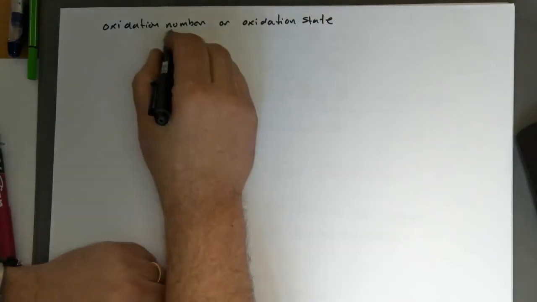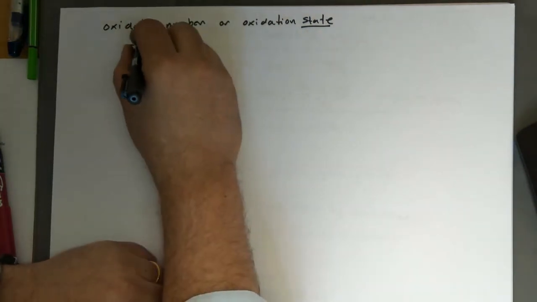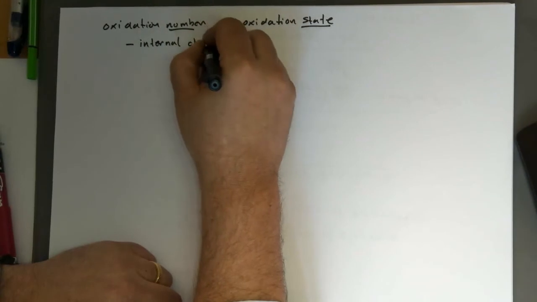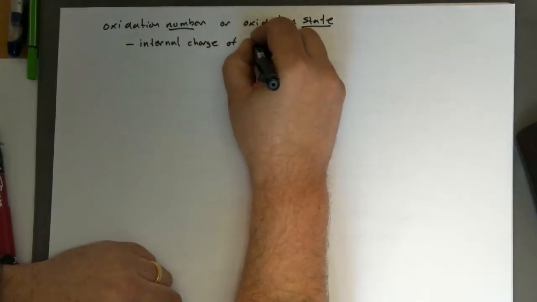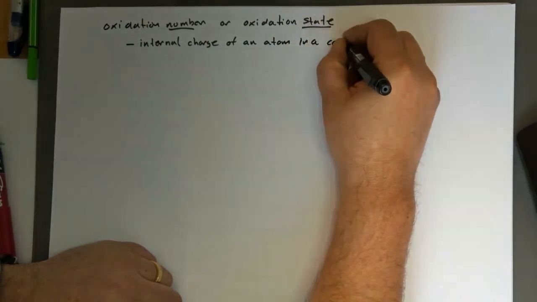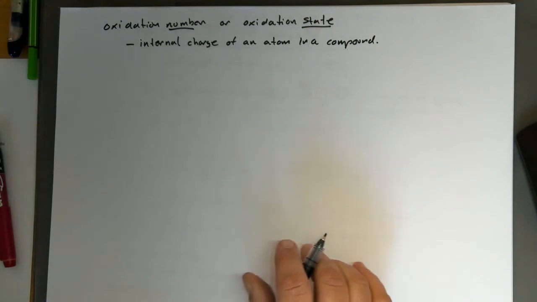So you have an oxidation number or oxidation state. This is what we can call the internal charge of an atom in a compound. So it's the distribution of charges within one.